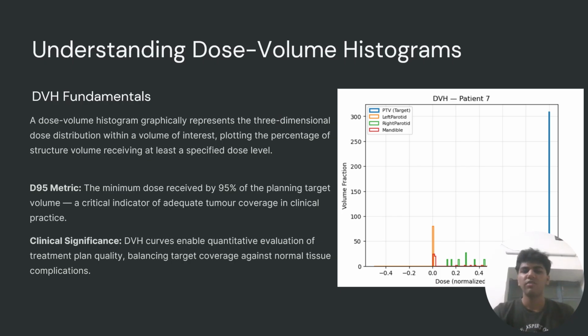That's exactly what we want to see. Strong target coverage with effective sparing of surrounding healthy structures. So this DVH visualization is both a validation of the agent's decision making and a clinically interpretable proof that the learned beam angles are achieving high quality treatment plans.